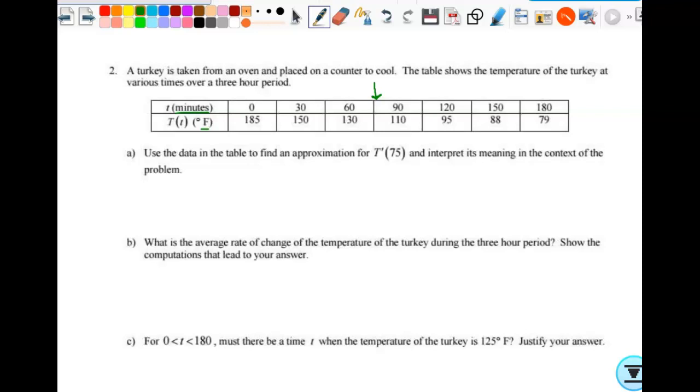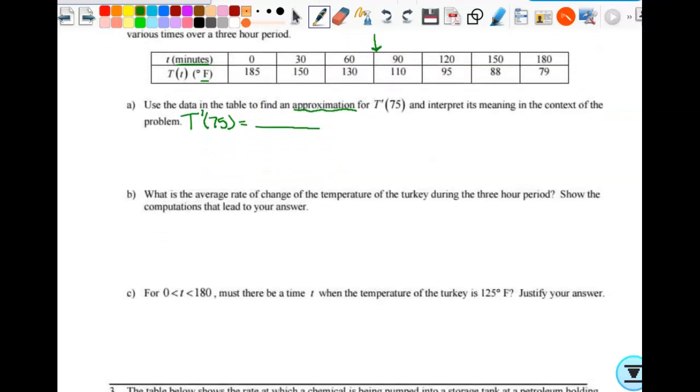Slope. And it says approximation, so that tells you you're not going to get exactly what you want here. We're going to have to just say that T prime of 75 equals, and then we use the information on either side of where 75 would be, right?